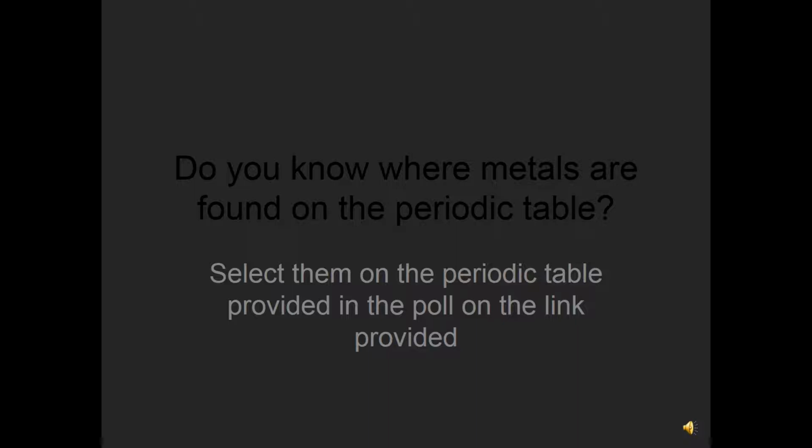Given the poll, what element number is oxygen on the periodic table?